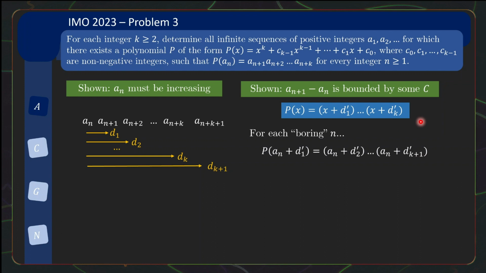But if I just use this polynomial itself, I won't be able to deduce what form d_i prime must be. I cannot constrain what d_i prime is. This is why I want to look at the recurrence relation when it's shifted by 1. In this case, if I shift this by 1, we get a_{n+1}, a_{n+2}, a_{n+3}, and so on.